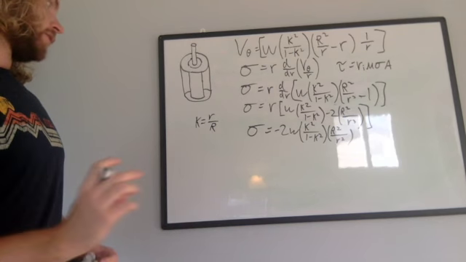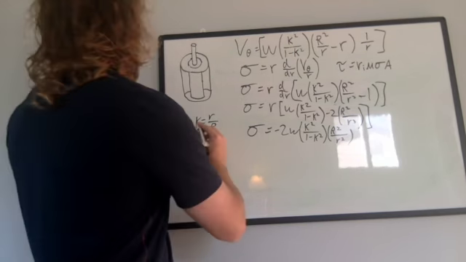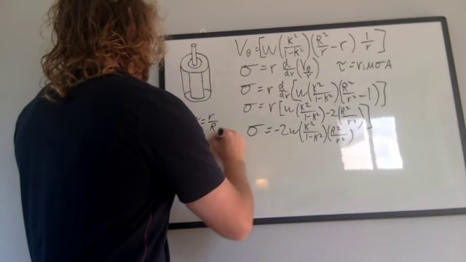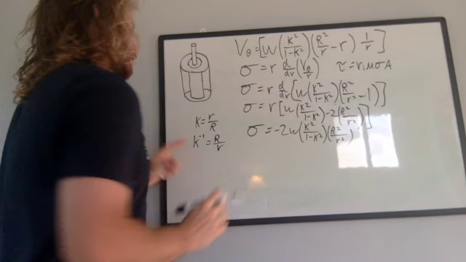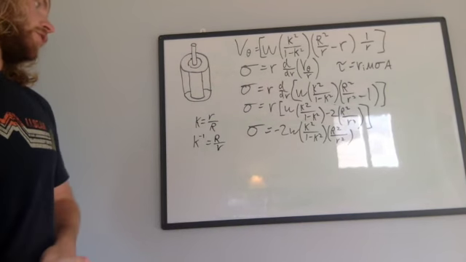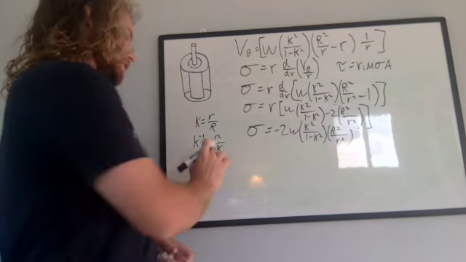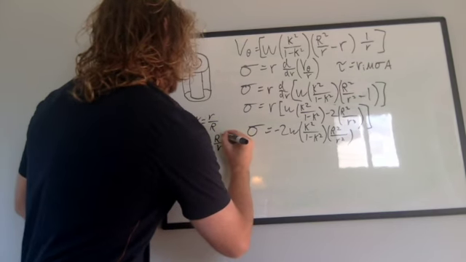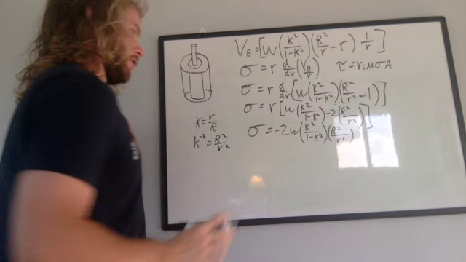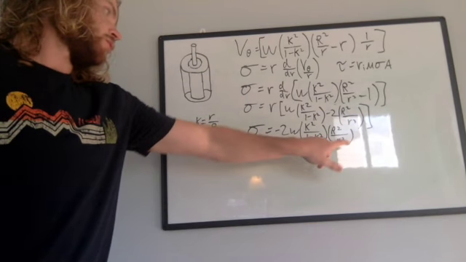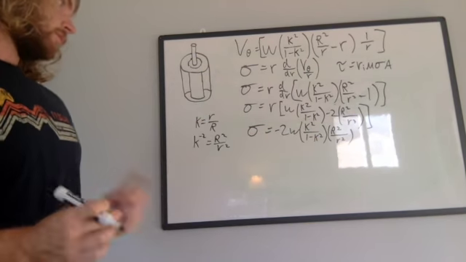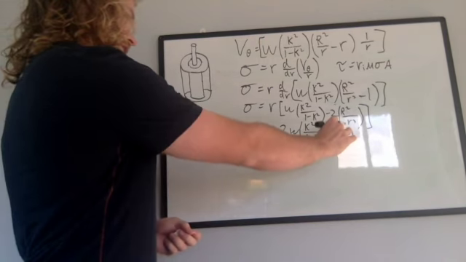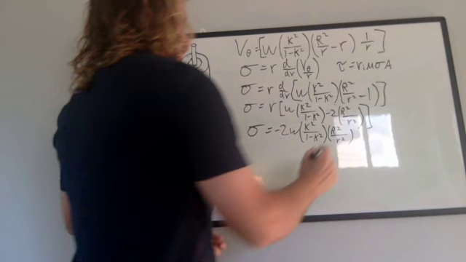And so we can see that K to the negative 1 is going to be equal to big R over little r. So if we did K to the negative 2, that would turn into R squared over little r squared, which we can see we have right there. So this is going to allow us to substitute in K to the negative 2 over here.